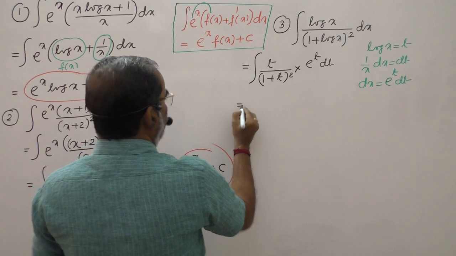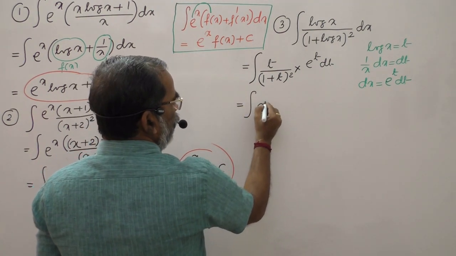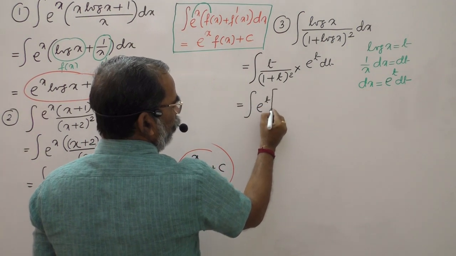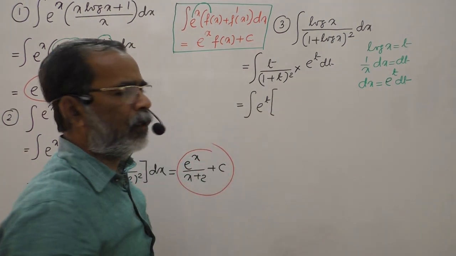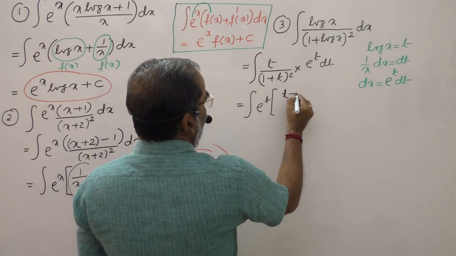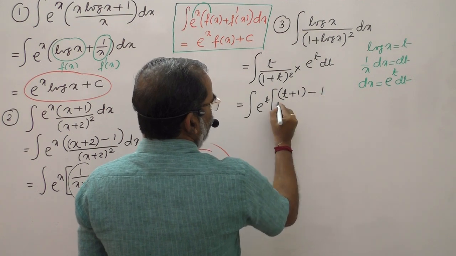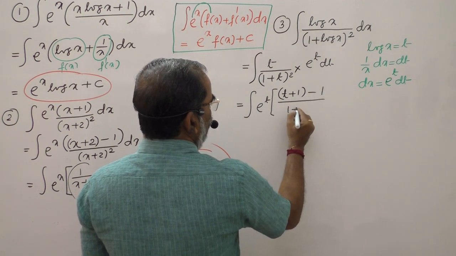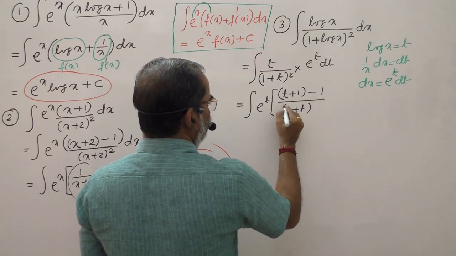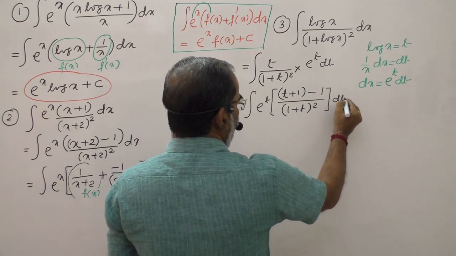Whenever you get e power t, you try this. So integral e power t into, what is there remaining? T by 1 plus t square. What to do? So you add and subtract 1. This 1 plus t whole square divides both. Into dt is there.